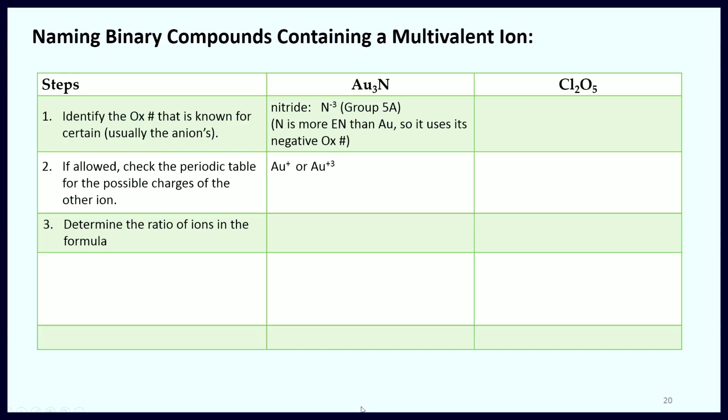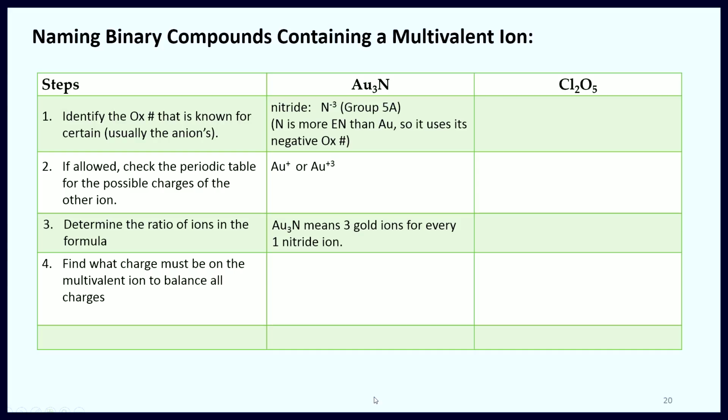Next, you want to determine the ratio of ions in the formula. Well, Au3N means that there are 3 gold ions for every 1 nitride ion. Then you want to find what charge must be on the multivalent ion to balance all the charges.